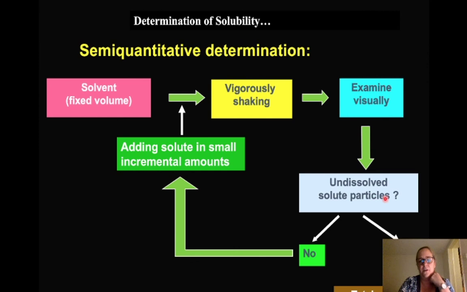You search for any undissolved solute particles. If you still have some undissolved solute particles, no, so we keep on adding more solute, until eventually, if it's all dissolved, we say yes. Then we work out the total amount added up, and then you can estimate the solubility.